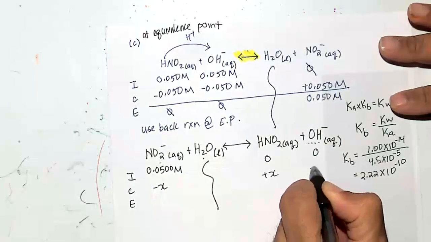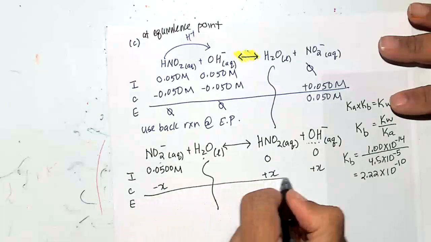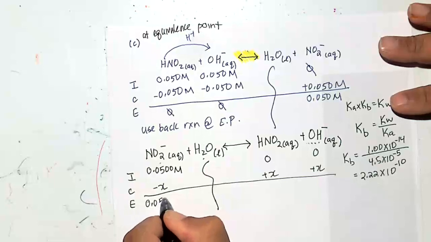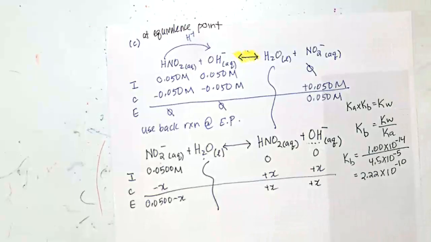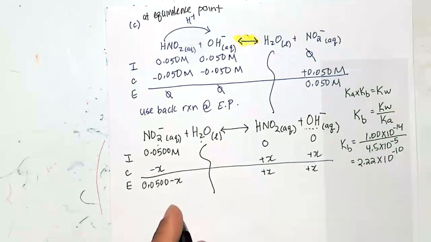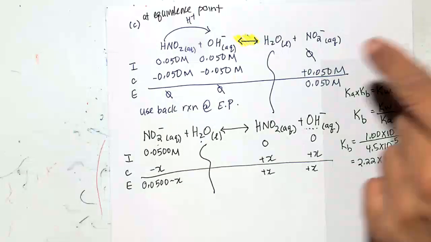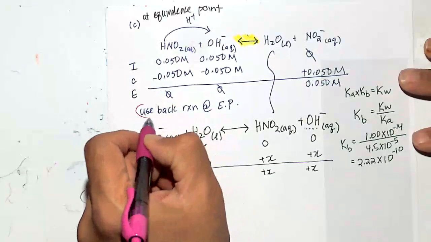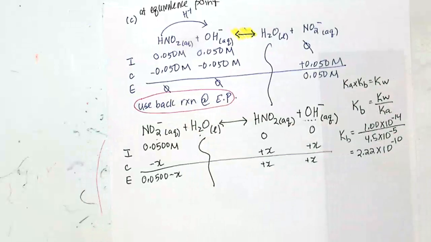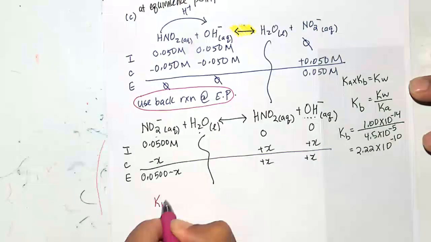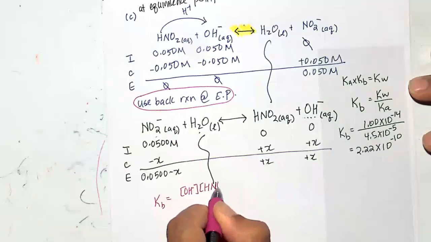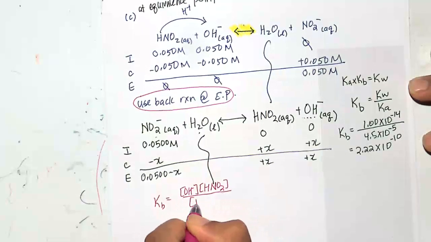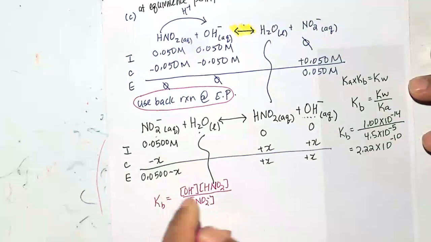Minus x plus x plus x. 0.0500 minus x plus x plus x. We'll plug that into KB now. Not KA, because as our classmate said, KB is what's happening here in the back reaction. So KB is going to equal OH minus times HNO2 divided by NO2 minus.